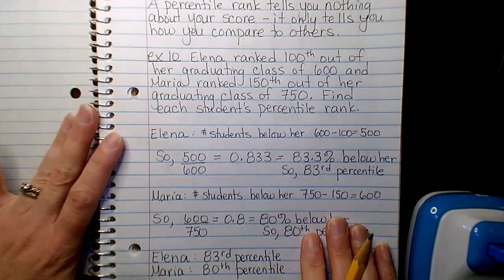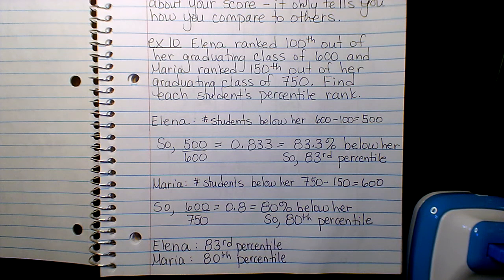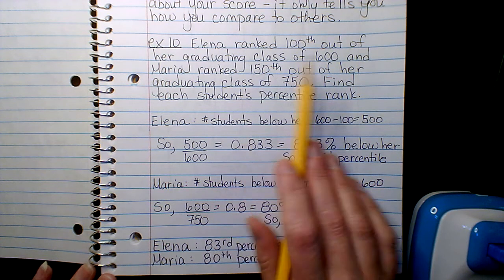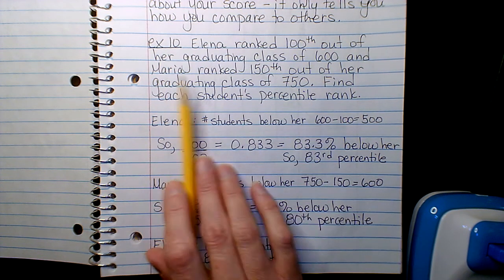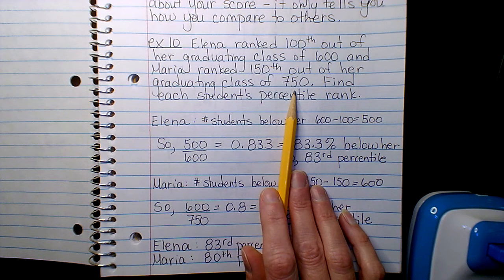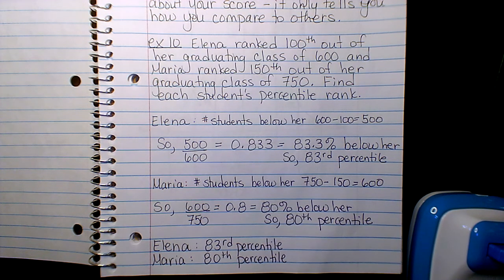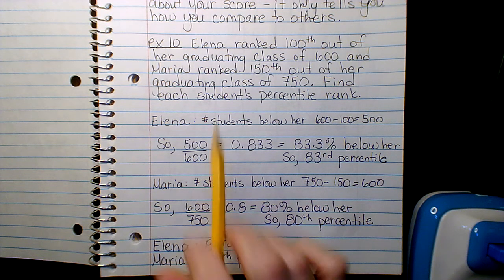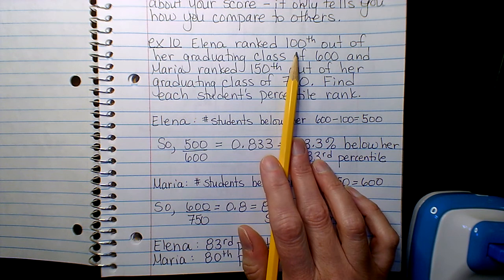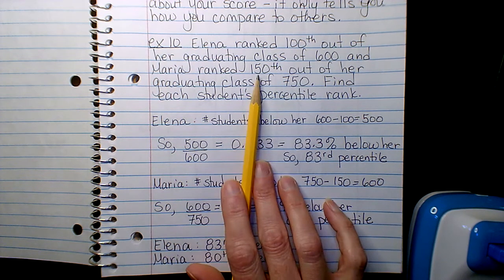So let's talk about how to calculate a percentile rank. Example 10: Elena ranked 100th out of her graduating class of 600, and Maria ranked 150th out of her graduating class of 750. Find each student's percentile rank. In order to compare their relative standing, Elena doesn't get to say, I deserve the scholarship because I was 100th in my class and Maria was only 150th.